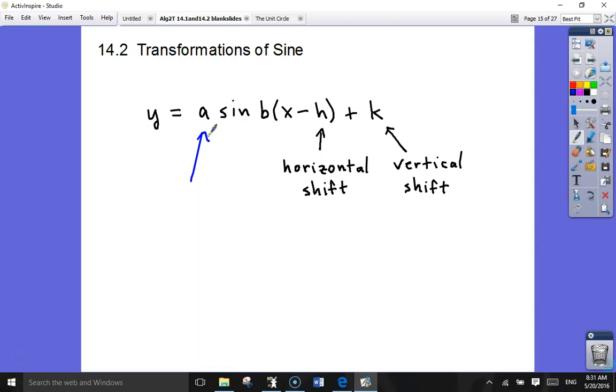Now we're calling it the amplitude, but it's the same thing. And something new that we didn't have to deal with before is this concept of a period. None of our other functions had that, but these are periodic functions.